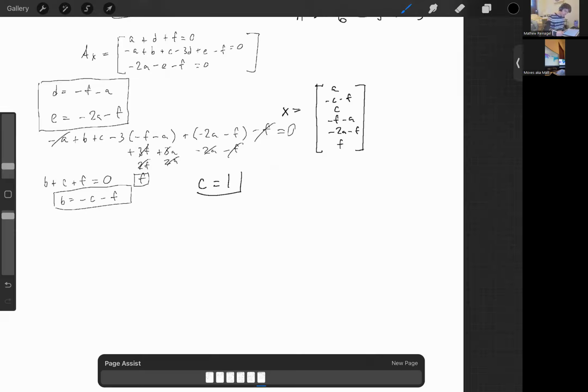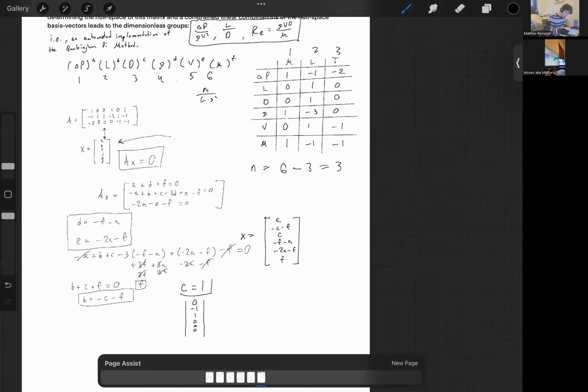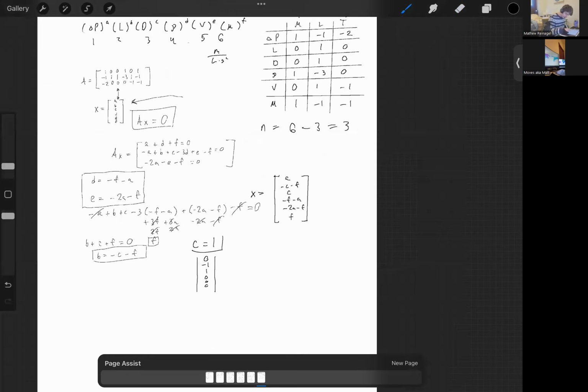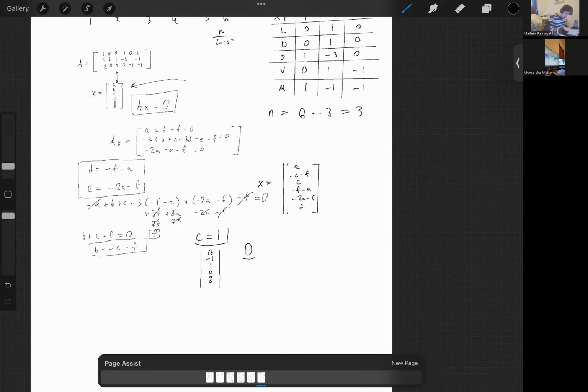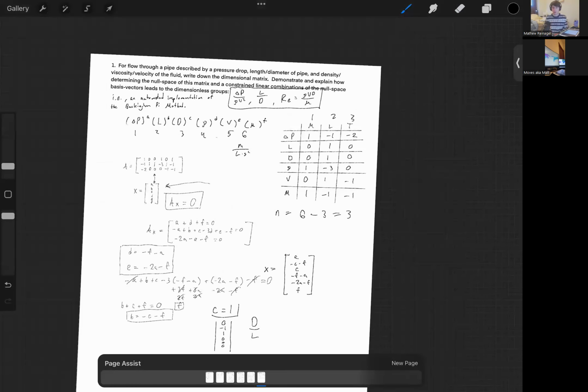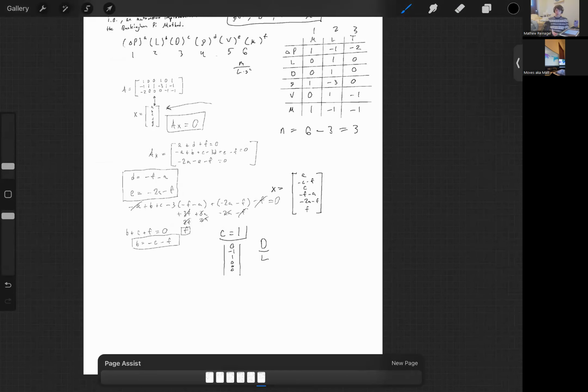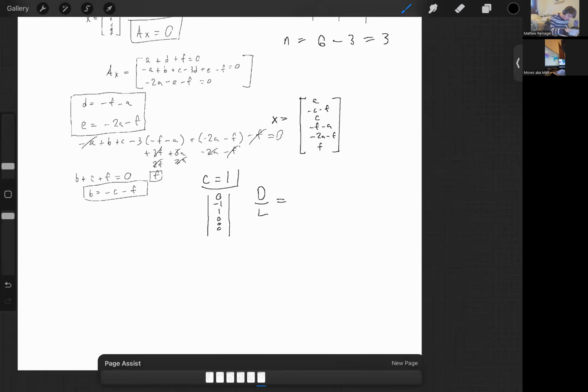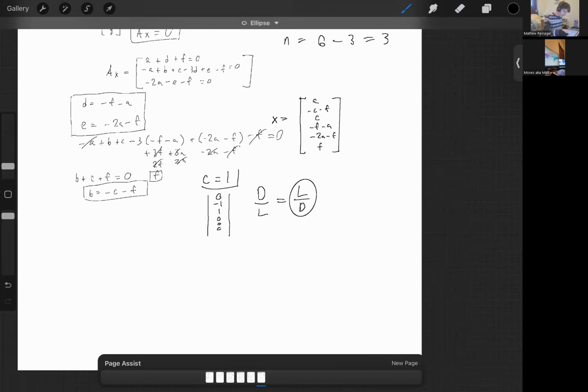If we do that, our matrix ends up being 0, negative 1, 1, 0, 0, 0. So if we go back up here, B was length and D was diameter. So this is diameter over length. And remember, what's really nice about Buckingham is that if it's dimensionless, it makes no difference if you flip the reciprocal. So we can actually just say that this equals length over diameter. And that gives us our first desired dimensionless property.